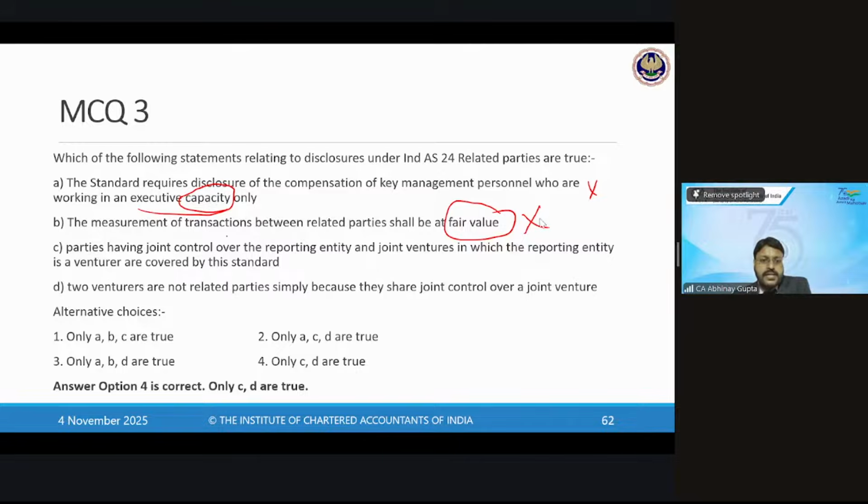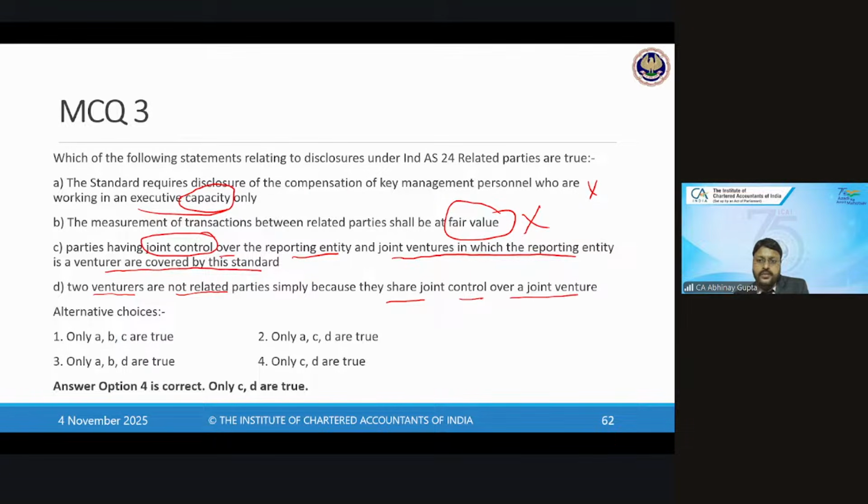Then parties having joint control over the reporting entity and the joint ventures in which the reporting entity is a venturer are covered by this standard. So parties having joint control are related to each other, yes or no? Yes. Then two venturers are not related simply because they share joint control over a joint venture.